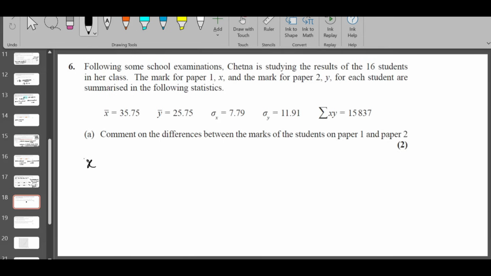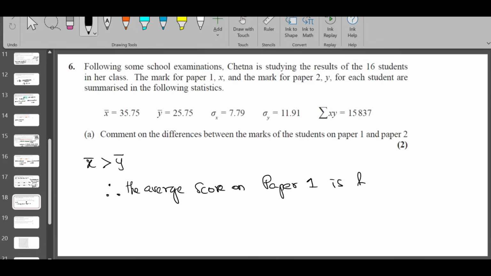You can write X bar is 35.75. X bar is greater than Y bar, right? Therefore the average score in paper 1 is higher than the average score in paper 2.